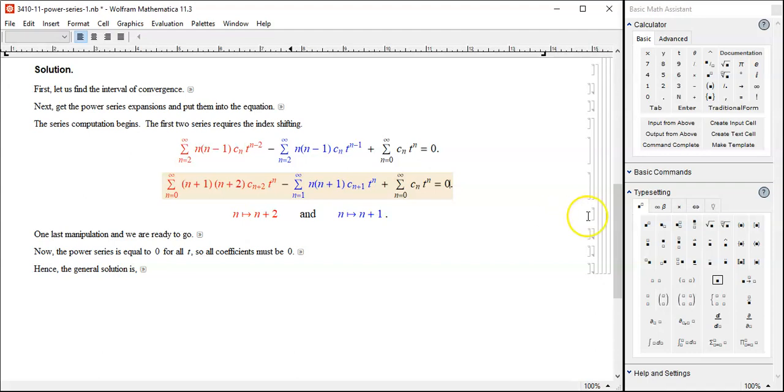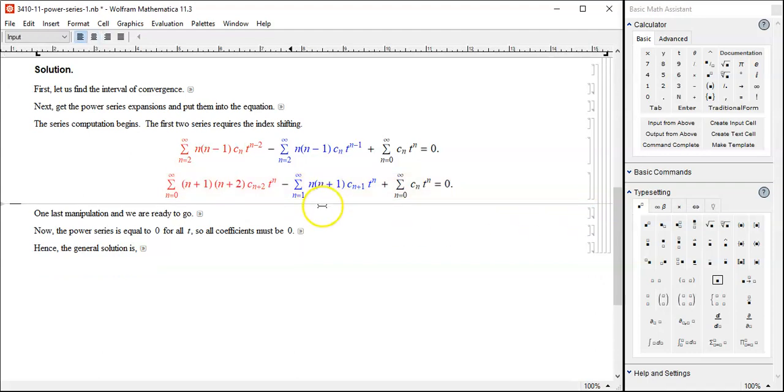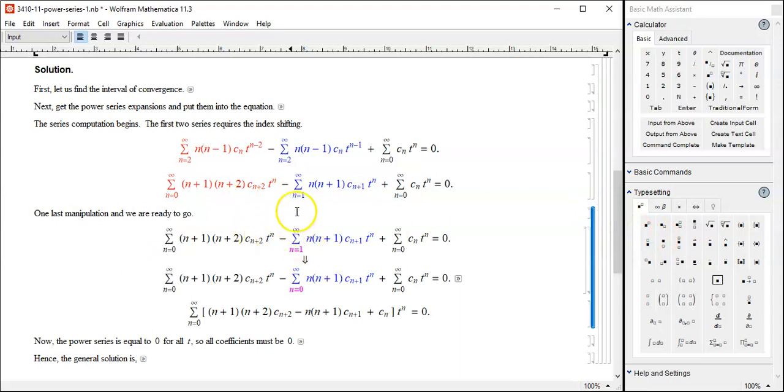Okay, some more manipulation to go. I'll have to start from the same starting point, and that's not going to be too much of a problem. I can always make it start from 0, because when n equals 0, this thing is 0, right? So adding 0 is not going to make any difference. And this is typically the case for ordinary points.